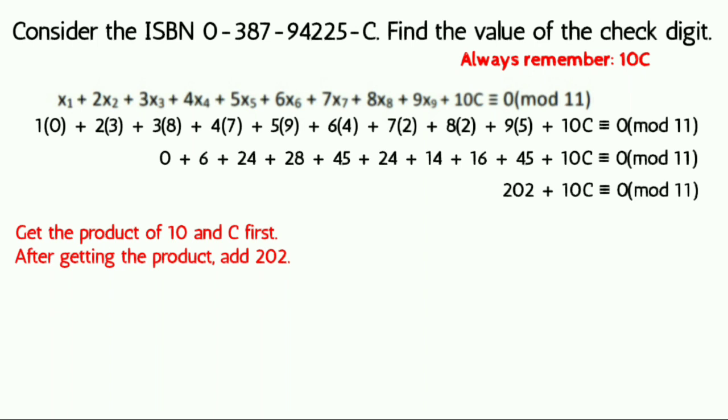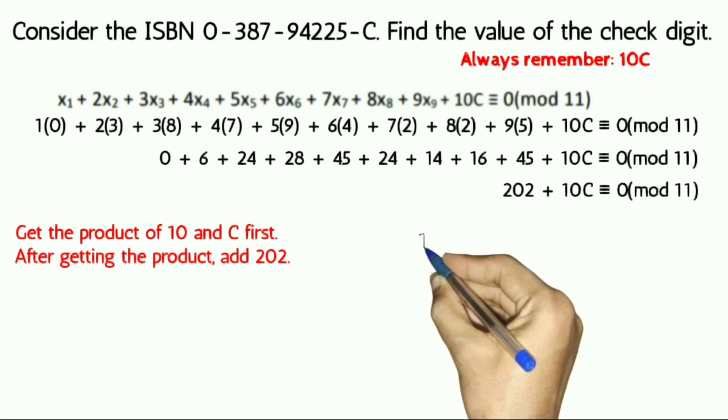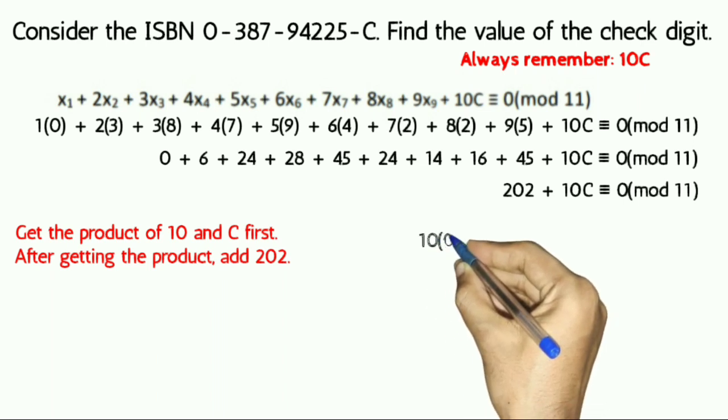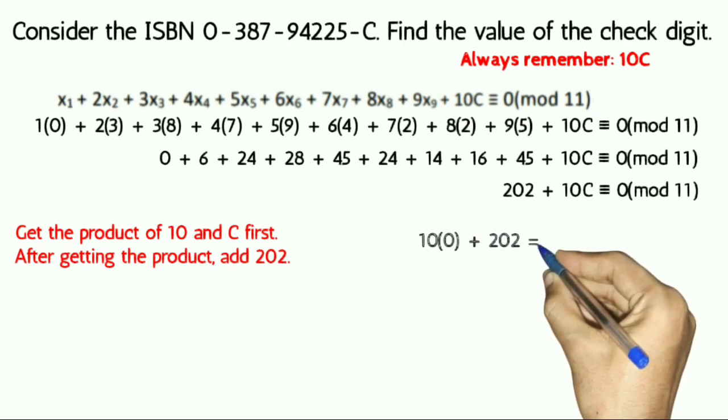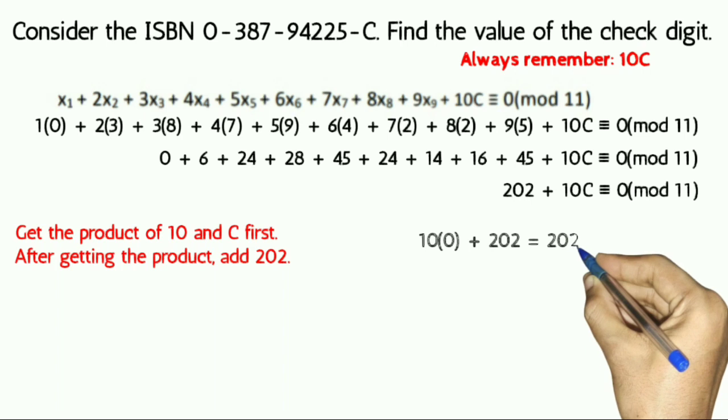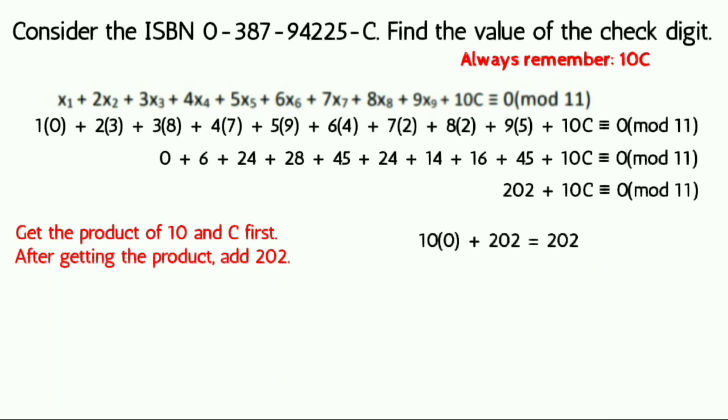Let's try 0. 10 times 0 is 0 plus 202. That will become 202. 202 is not divisible by 11. Therefore, 0 is not the value of C, or 0 is not our check digit.